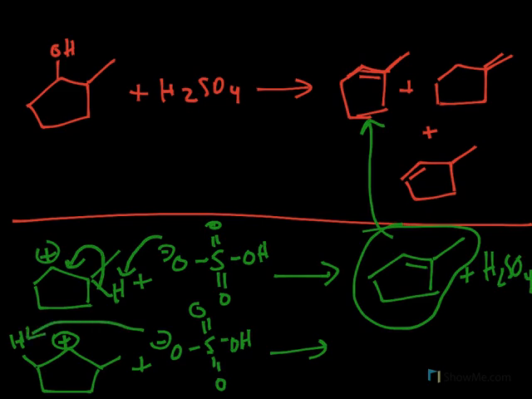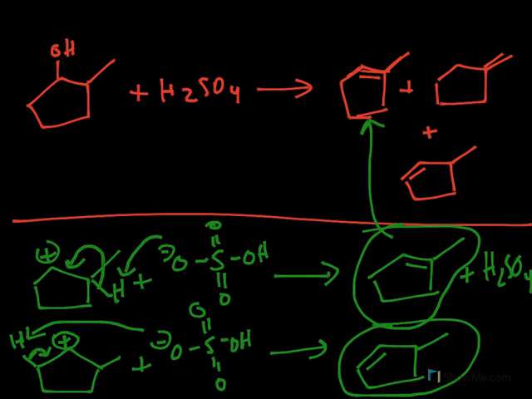So that oxygen is going to go after that hydrogen. The electrons from this bond are going to collapse back on this carbon right there. And what is going to happen is you're going to form this instead, which happens to be this product right here. Okay.